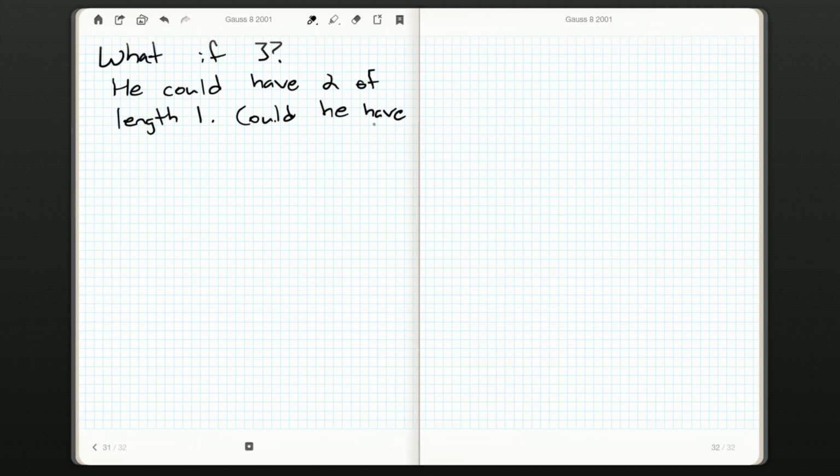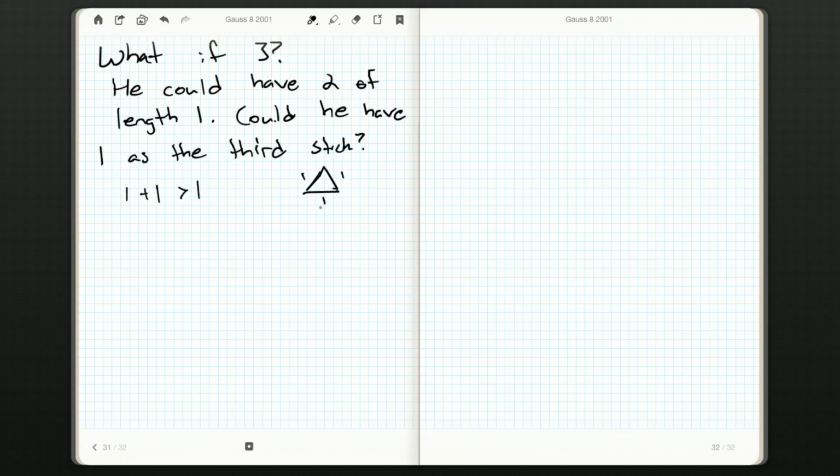Because it'd be really nice if 1 was the answer again. Unfortunately, no, because 1 plus 1 is greater than 1. 2 is greater than 1, so we'd be able to form a triangle. We'd have an equilateral triangle with side lengths 1 on each side.